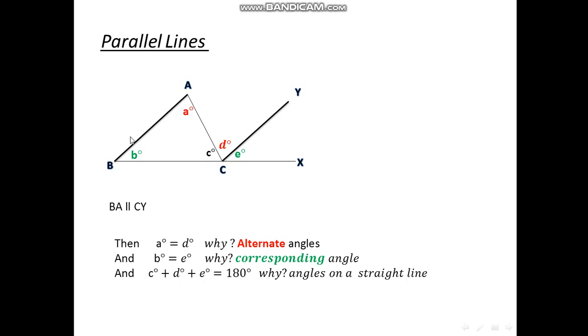And we explained before what is the meaning of parallel lines. They are two lines which never meet together, never intersect with each other. And they are always apart the same distance. I mean, at this point and this point is the same distance, this point to this point, and this point to this point also the same distance.